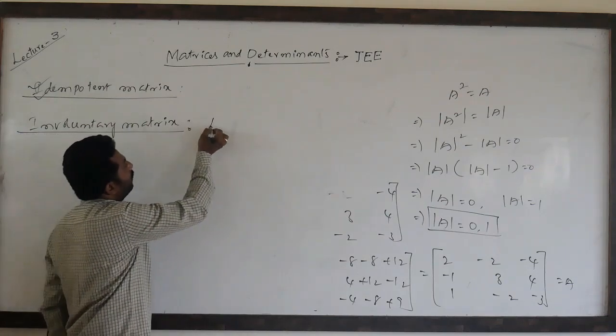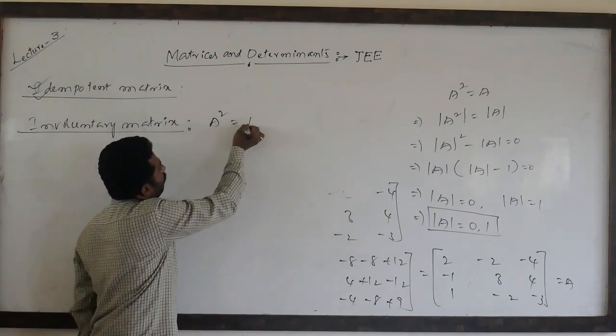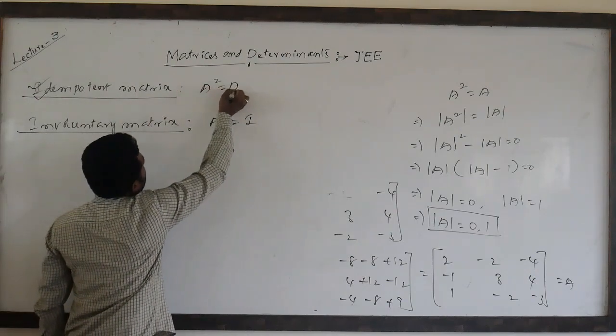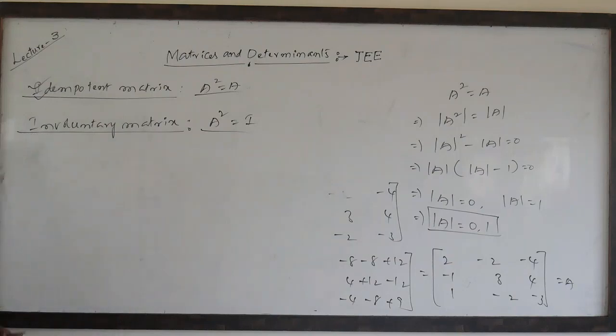A square matrix capital A is said to be involutory if A square equal to identity. If A square equal to A, that is idempotent. If A square equal to identity, that is an involutory matrix. One example I will take.